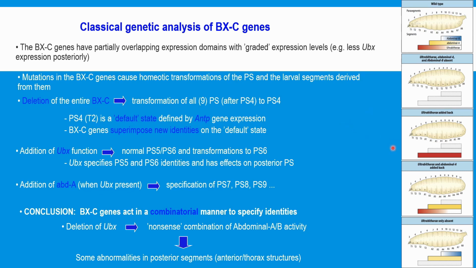And then they could add back the components separately, and if they added back ultrabithorax, which was expressed most anteriorly, they saw that parasegment 4 would be normal, and then instead of parasegment 5 having parasegment 4 identity, parasegment 5 was normal and parasegment 6, but all of the segments after that were transformed to parasegment 6.